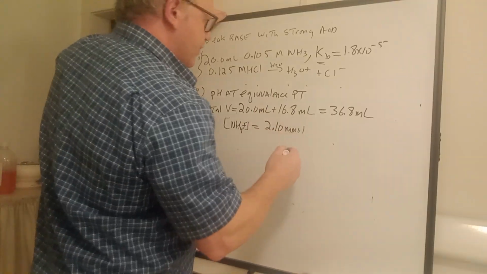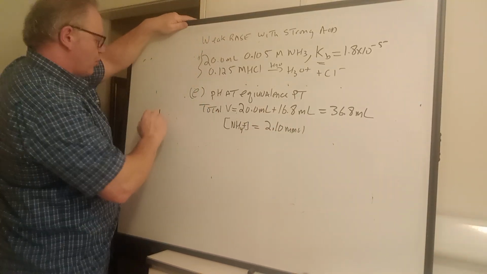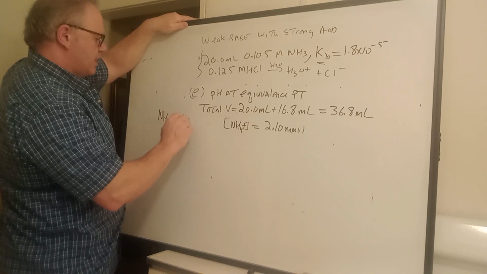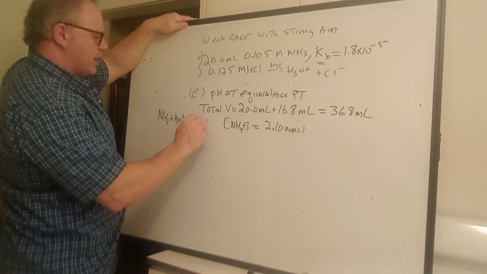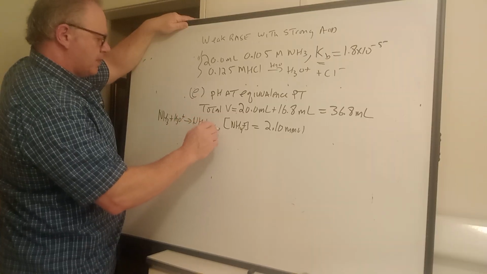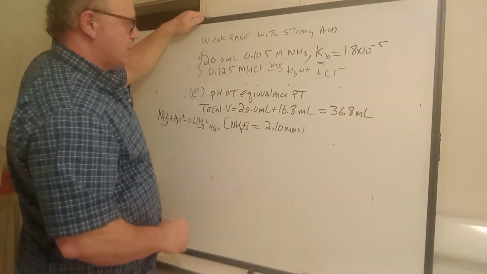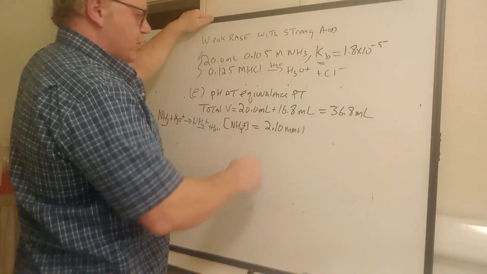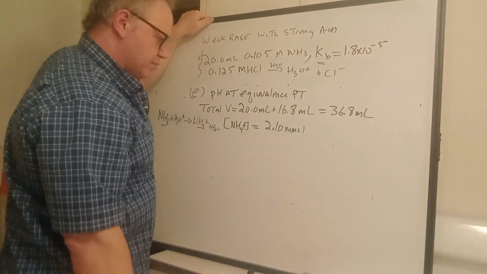At equivalence, the first thing that happens is all the ammonia has been converted to the ammonium ion in water. There's a 1-to-1 conversion. So that 2.10 millimoles of ammonia we had initially is now 2.10 millimoles of ammonium.